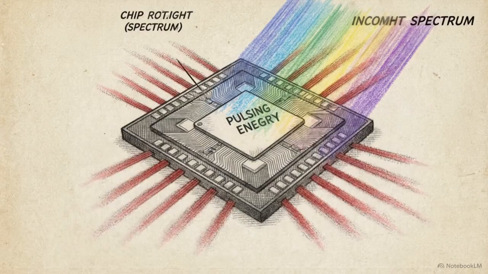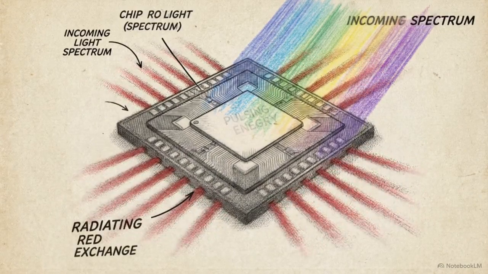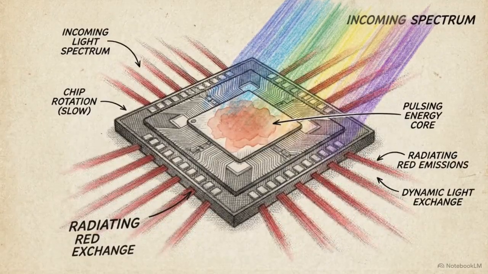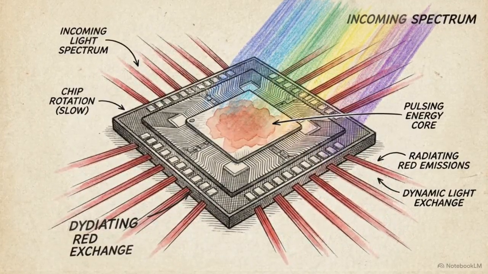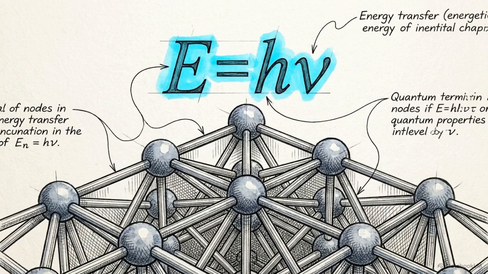Every piece of optoelectronic hardware relies on the ability of semiconductor electrons to absorb incoming energy or release it back into space. Every single one of those microscopic transitions is mathematically bound by Planck's constant and the frequency of the wave itself.